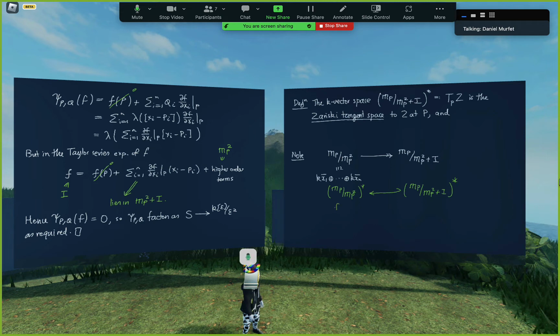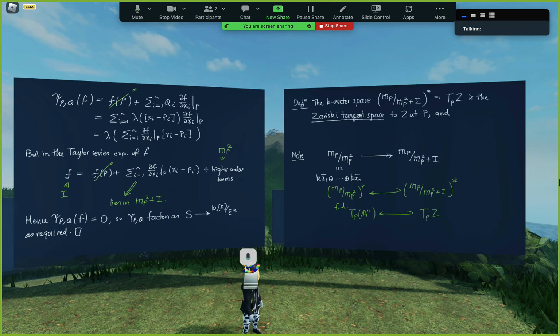So since this is finite dimensional, the other thing must also be finite dimensional. And what's this map? Well, that's the inclusion of the Zariski tangent space at P to Z into the tangent space of the ambient affine space. Right? I'm going to use that actually in a moment.